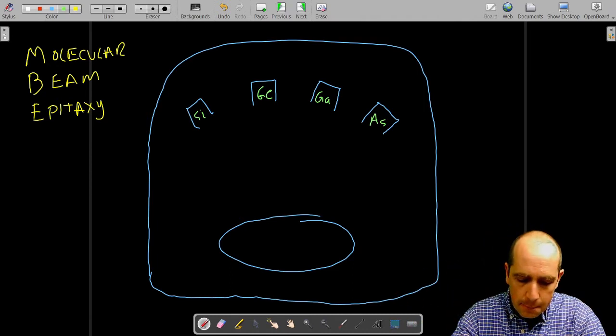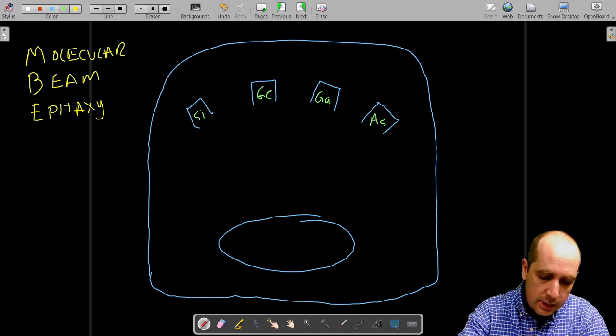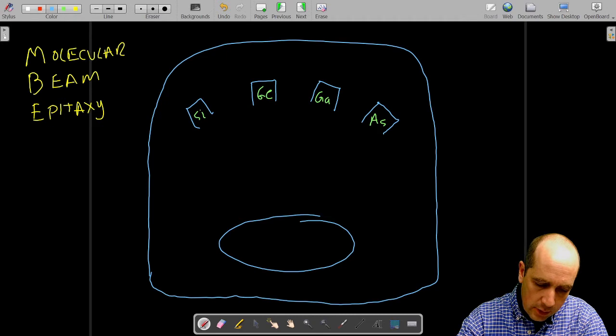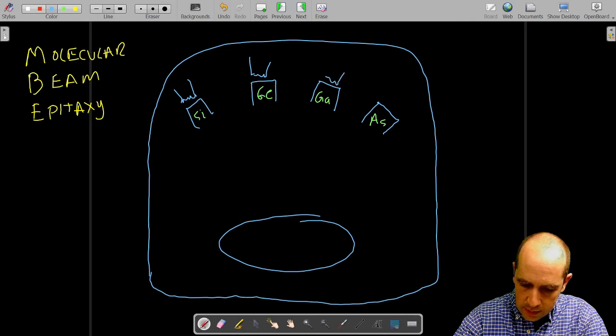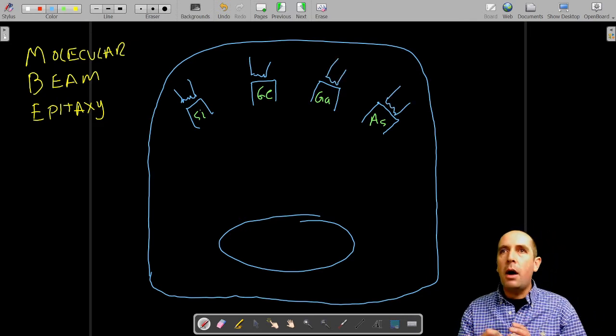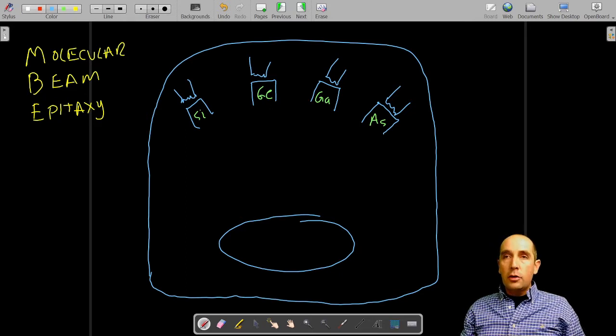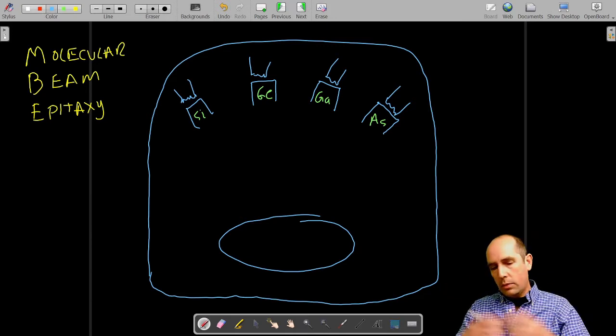Okay, so the idea is that these containers can be heated up with electrical resistors that are controlled from the outside to a very good degree of precision, so we can heat them up very precisely to the point that we can evaporate all these materials. So we can start producing silicon vapor or germanium vapor or gallium or arsenic.